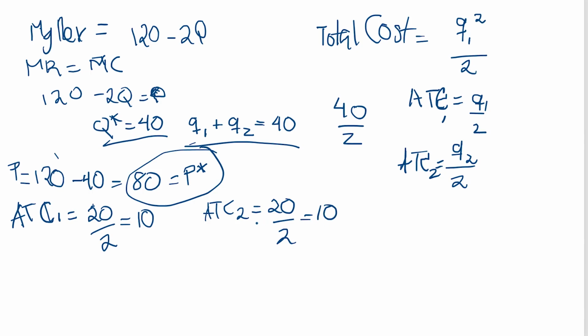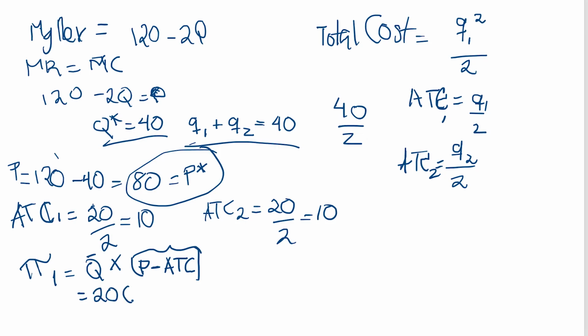So this means that the profit for firm 1 is given by quantity multiplied by price minus average total cost. In other words, how much you get for each unit multiplied by how many units you sell. So they sold 20 units at a price of 80 minus 10.